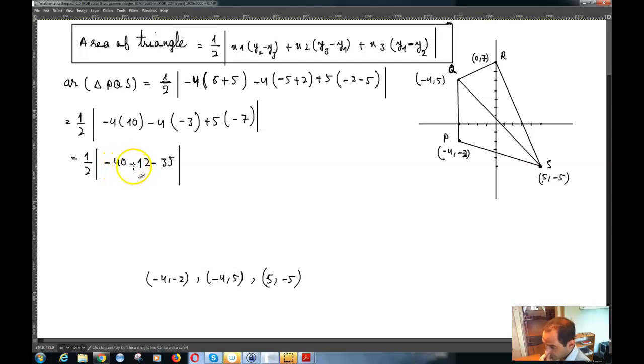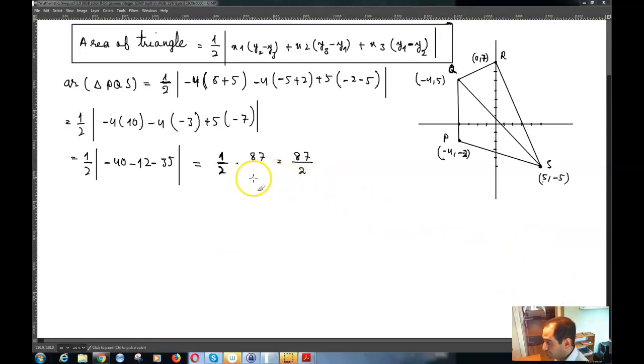Taking absolute value, that is 40, 12, and 35, which is 87. So that's 87 halves.